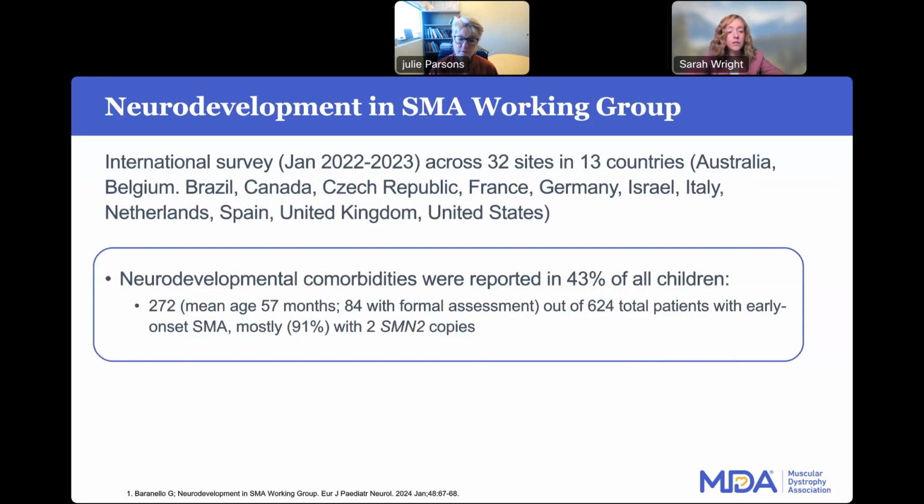And that was a total of 272 patients. I will note, though, that only 84 of those had a formal assessment, and this highlights two things. One is that we may be catching more things as clinicians that need to be further investigated, and two, we really need to start validating scales in children with spinal muscular atrophy to start understanding these cognition difficulties sooner. Next slide.